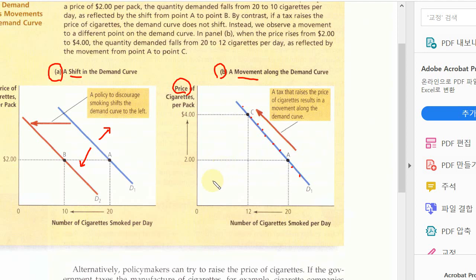Once the government increases the tax of tobacco, this tax increase will have a bad influence on price because the price will go up automatically. Price goes up. Okay. Then the demand will be decreased.